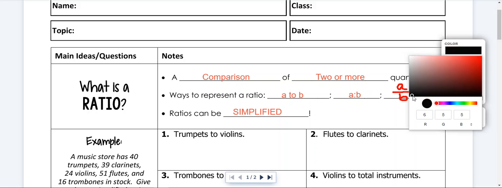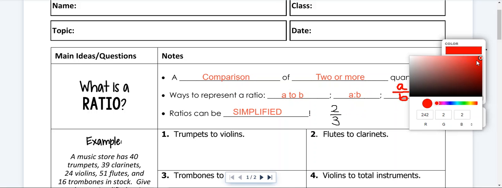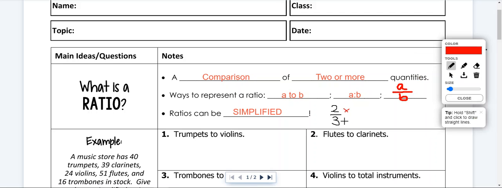So let's say, for example, I have a ratio of 2/3. So I can take this ratio 2/3 and I can multiply it by the same value on the top and the bottom and get 2x divided by 3x, and they are still going to be equivalent, right?